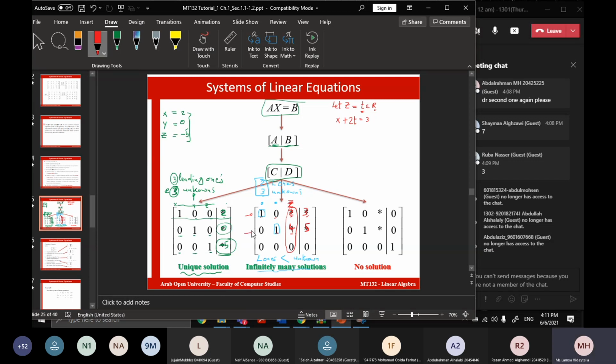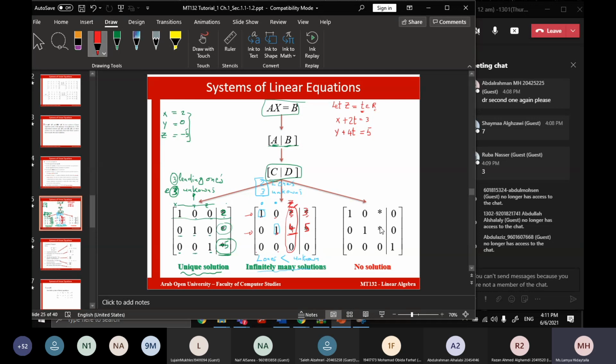Then we come to the second row: 0x plus 1y, that is y, plus 4z, but Z is T, plus 4t is equal to 5. And lastly, 0x, 0y, 0z, that is 0 is equal to 0.